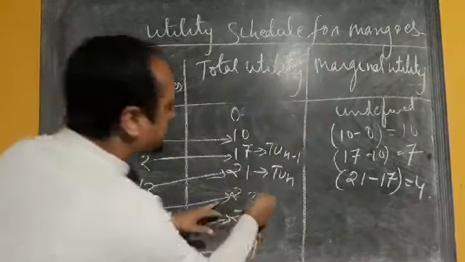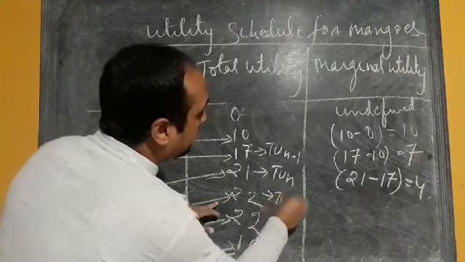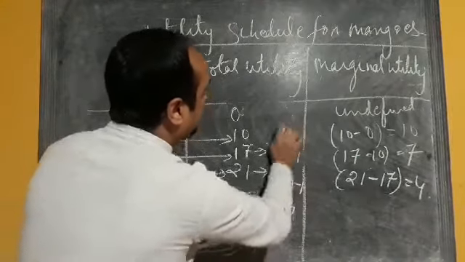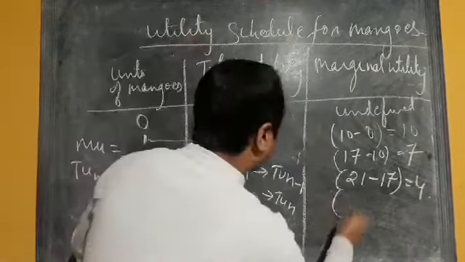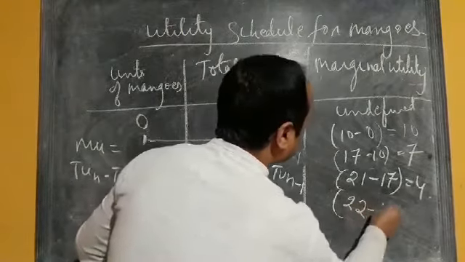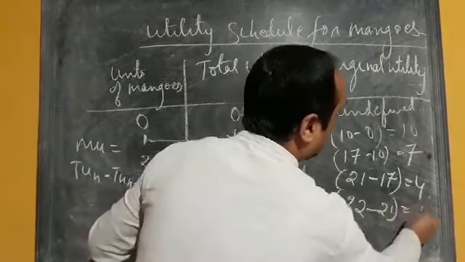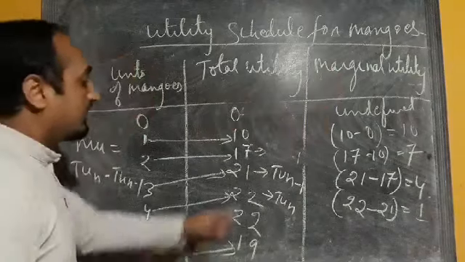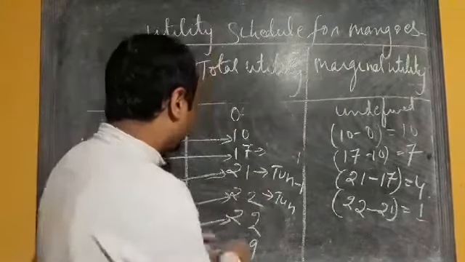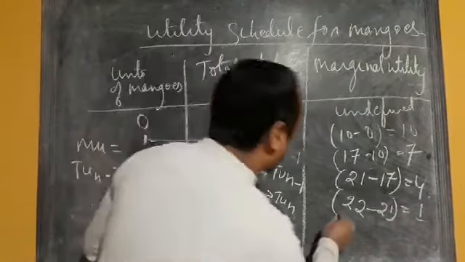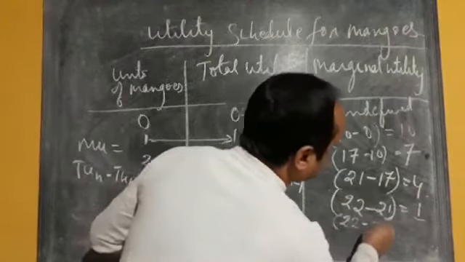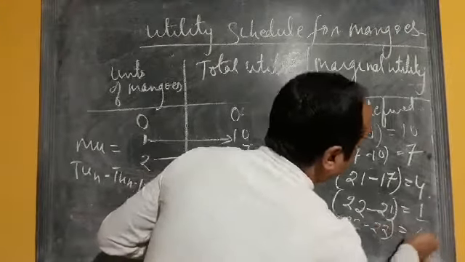Next, again this will be our TUn, and this will become TUn minus 1. So here 22 minus 21. Here we'll get 1. Now in the same way we have to move. For the fifth unit, we have 22 minus 22 equals 0.